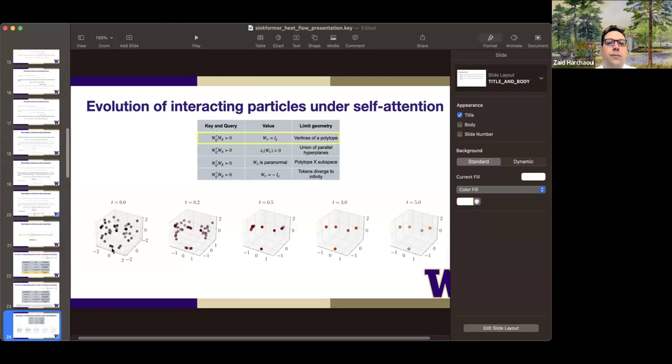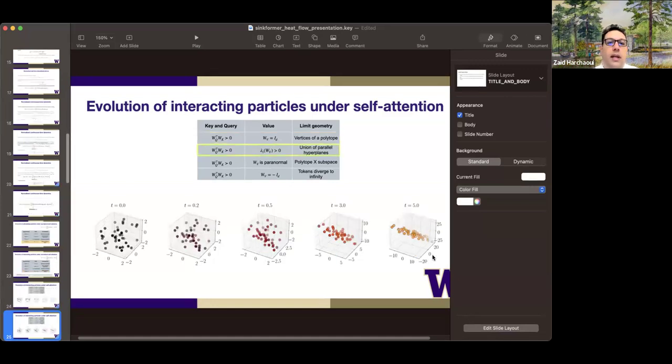Okay, so you take the particles and they will scatter over time, across the layers of the deep neural network, and converge to the extreme points of a polytope. So this is the first case. In the second case, the particles will converge to a union of parallel hyperplanes. Here, there's just one hyperplane, right?